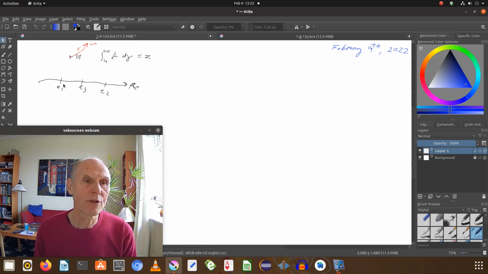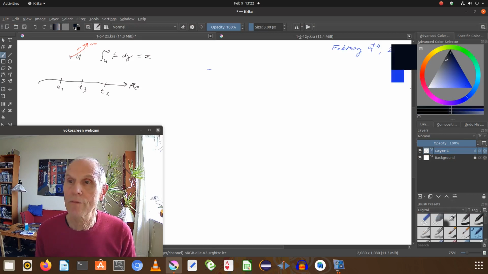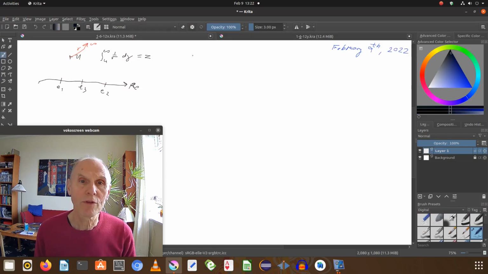We have here the 3 real roots of the content of the denominator, a number u, and integrating along a path towards infinity, we get the value z, so that the Weierstrass p function of z equals u.